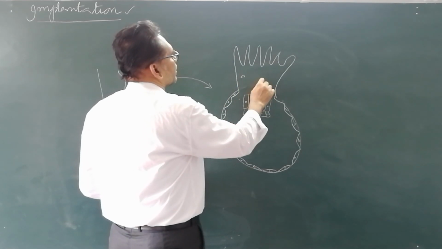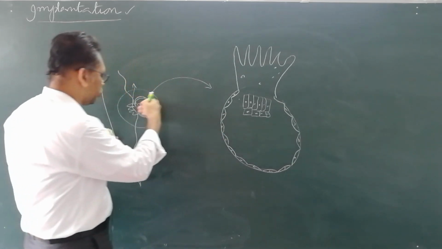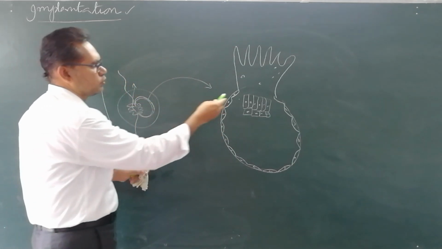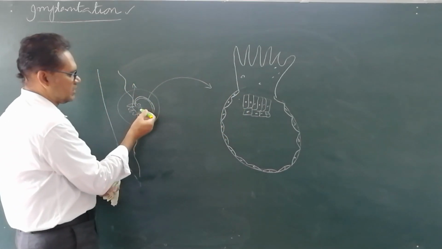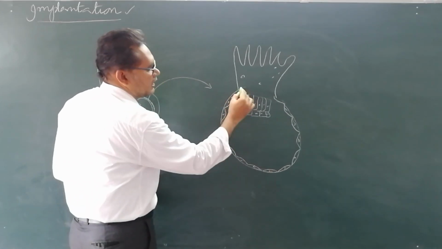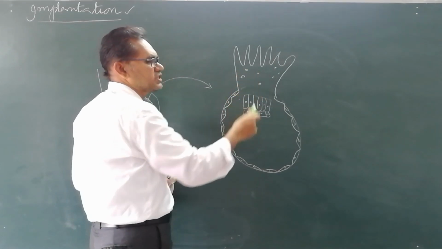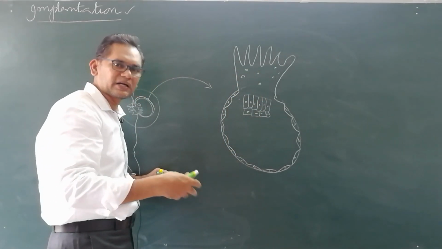Now, there are many nuclei. What happens here is, when it falls on the uterine endometrium, towards the inner cell mass, the cells fuse together and form a common cytoplasm with many nuclei. Syncytium means multinucleate condition.